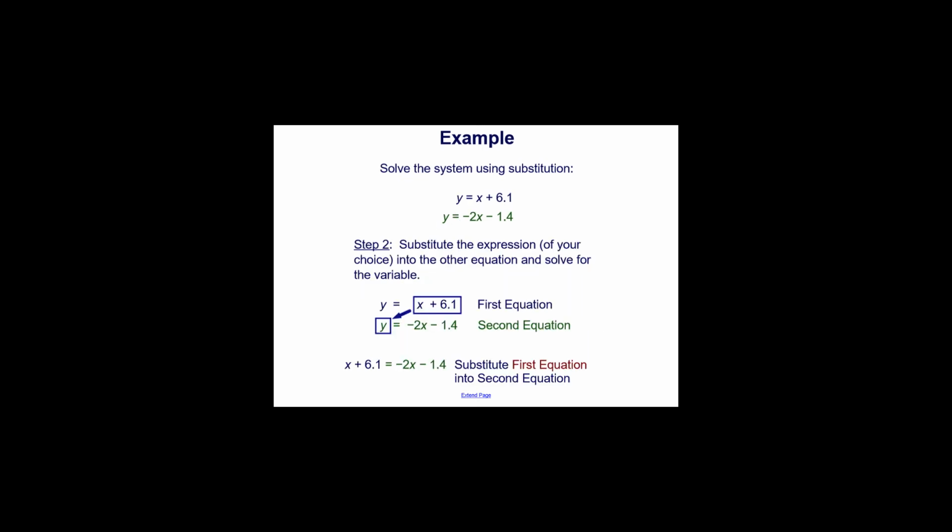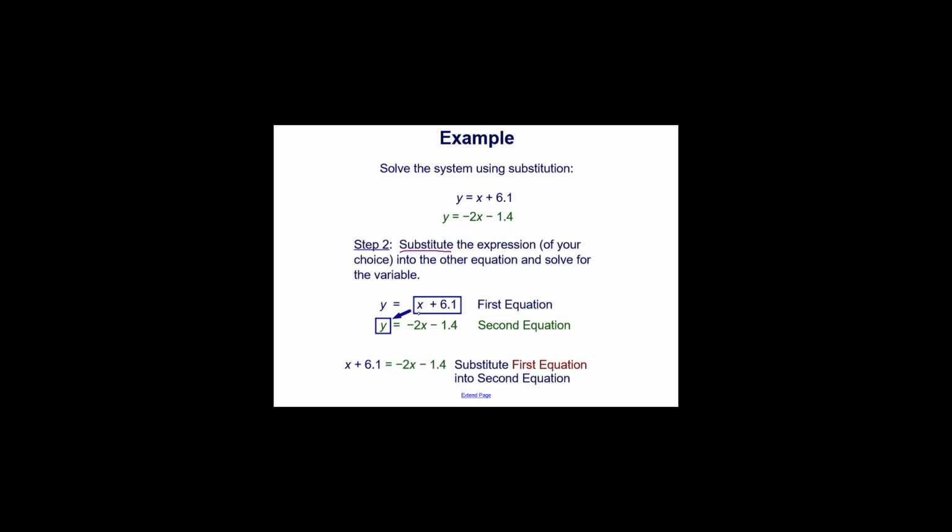So step number 2 is the part about the word substitution. Step number 2 says we're going to substitute the expression, and it's really of your choice because remember we have 2 equations for this system, but we're going to substitute the expression of your choice into the other equation and solve for that variable.